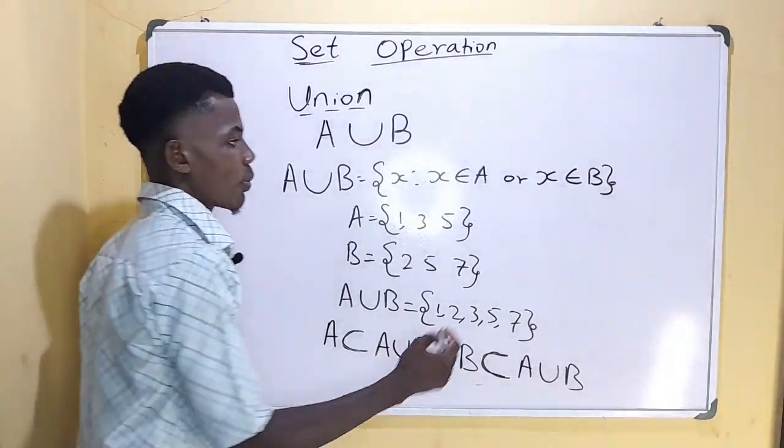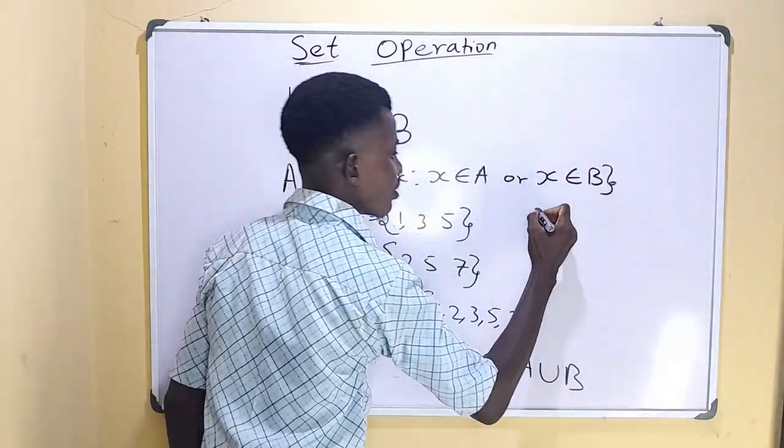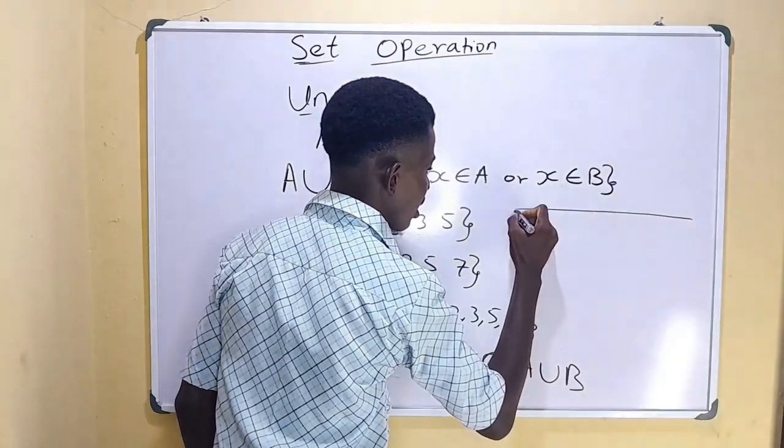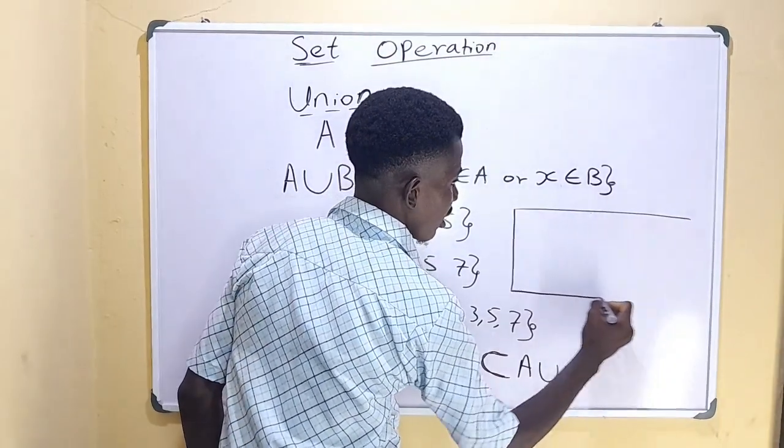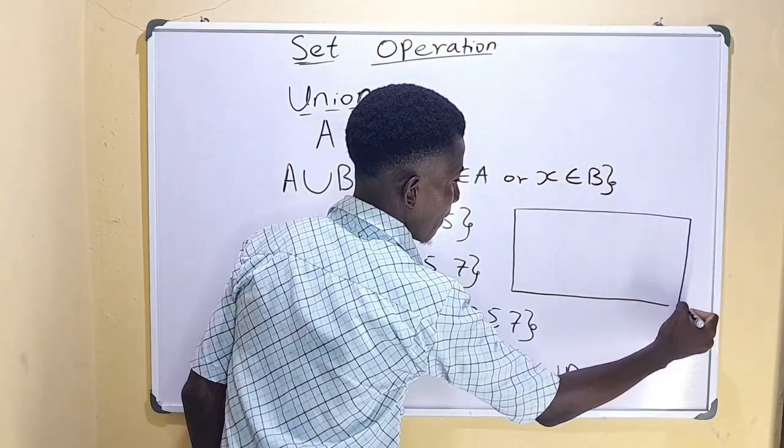And we use this to represent it on a Venn diagram. Let's draw the Venn diagram here.